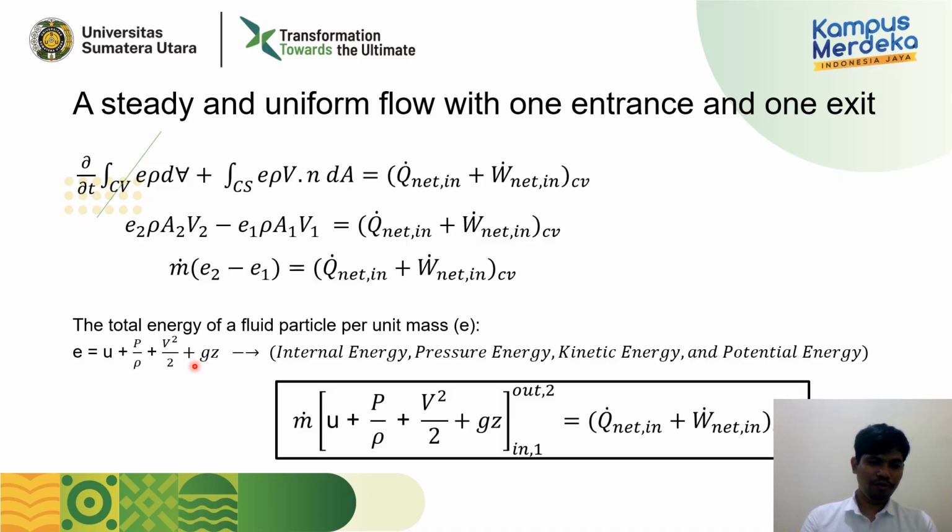So when we put these into the steady state equation, you will have these equations. This is the total energy at the inlet and at the outlet, and this is the heat transfer and the work transfer at the control volume.